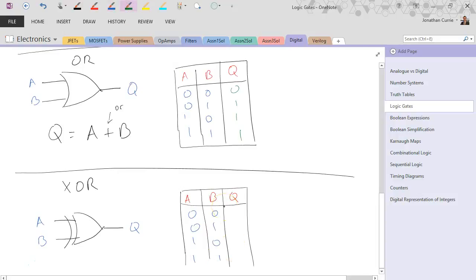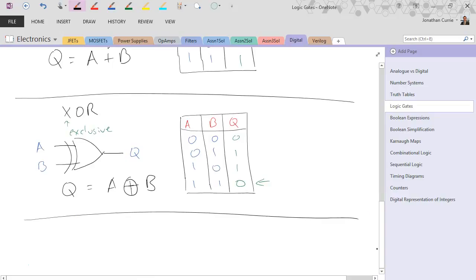What the XOR says, this X stands for exclusive, exclusively OR. So A or B, but not both, that's the exclusive part. Here's the both, so that one comes to 0. So just watch out, that's the row that changes between the XOR and the OR gate. And that uses a special symbol, a plus inside a circle, to represent the exclusive OR operation.